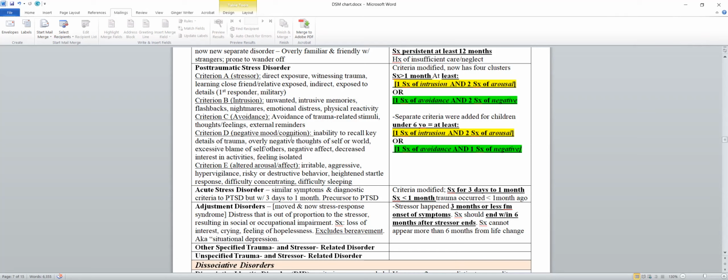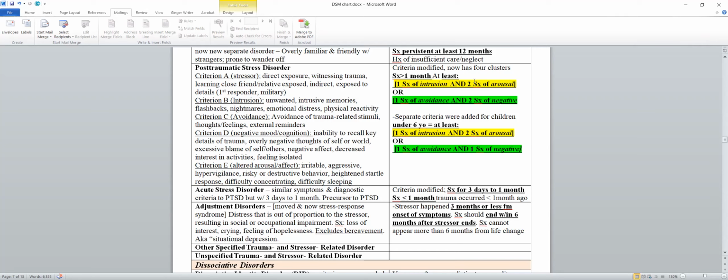So the avoidance is avoidance of trauma-related stimuli, thoughts and feelings, and external reminders. Criterion D is the inability to recall key details of trauma, overly negative thoughts of self or world, excessive blame of self or others, negative affect, decreased interest in activities, and feeling isolated.